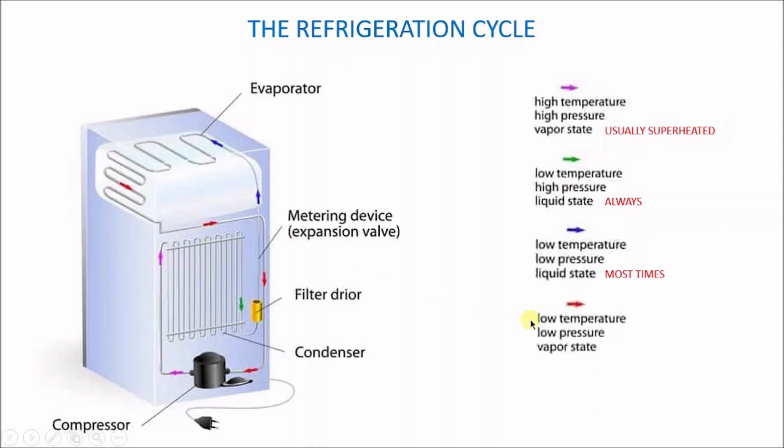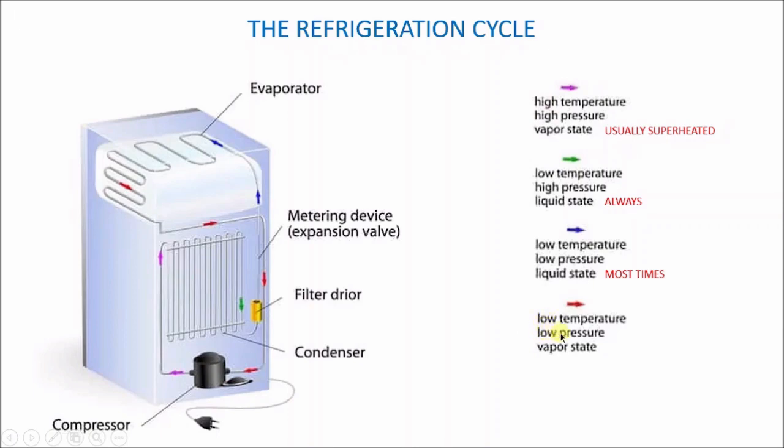And so after the evaporator, the temperature, of course, we can still say it's low, but it's not as low as it was before the evaporator. It is only low in comparison to the temperature that you have after the compressor, okay? Very, very important. So let us bear that in mind.